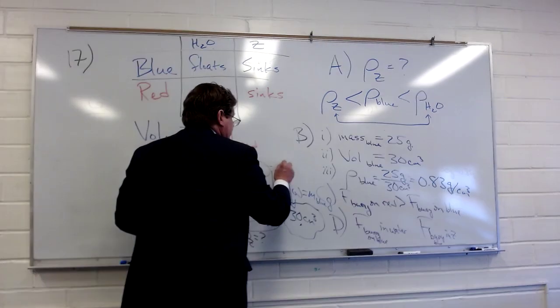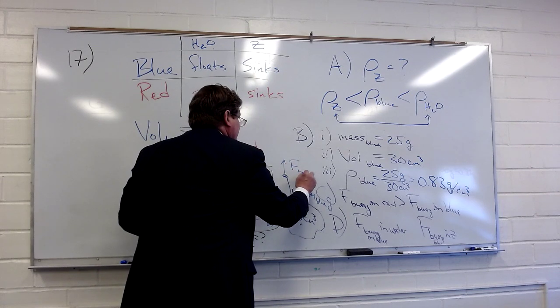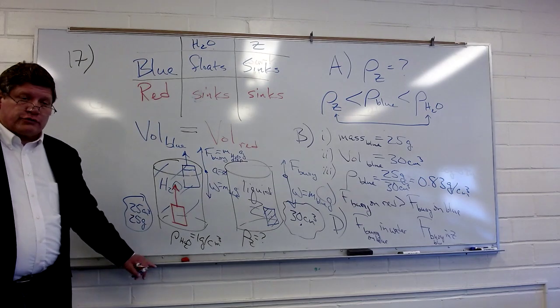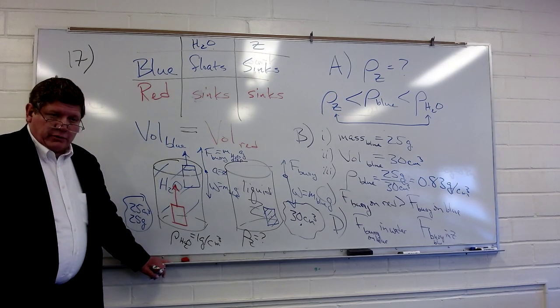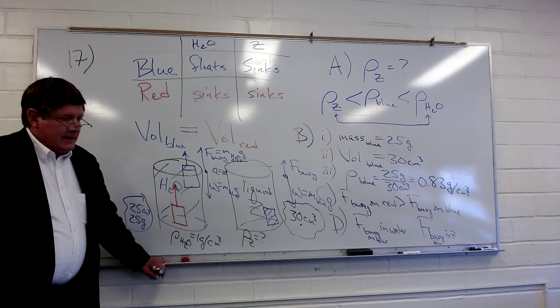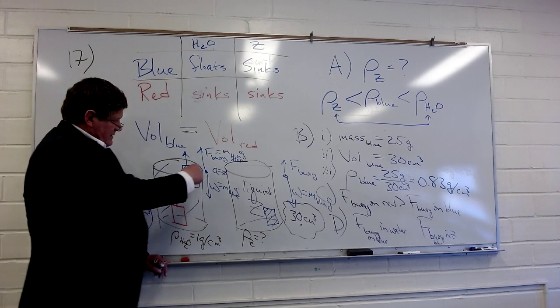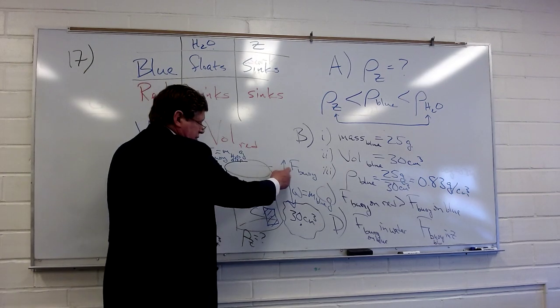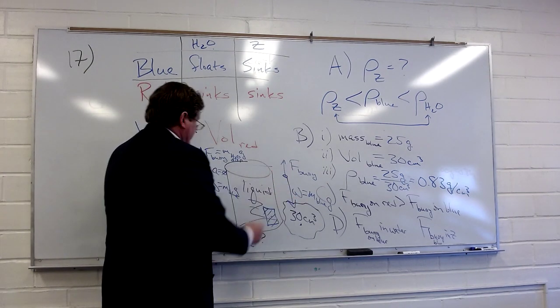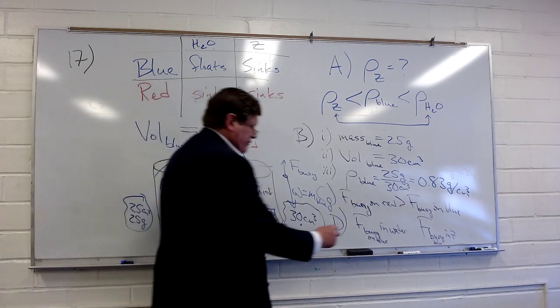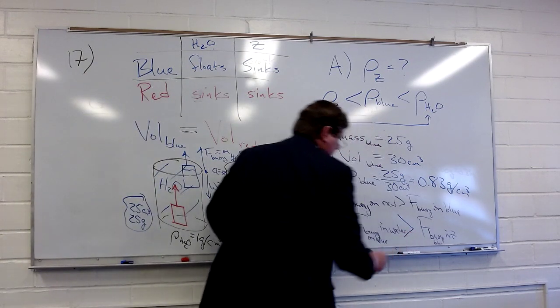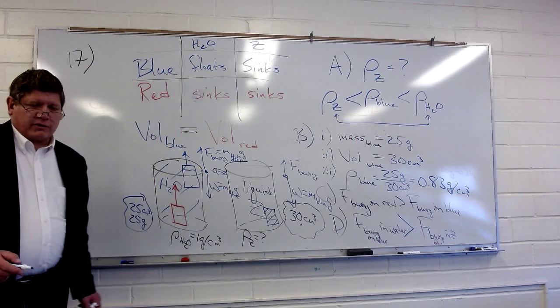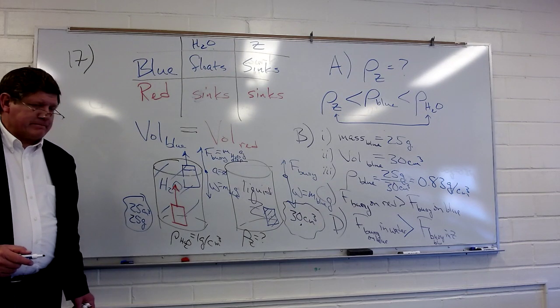But when it sinks, that buoyant force is too small to support the weight, and it accelerates to the bottom of the beaker. And so I know that in this case, the buoyant force is equal to the weight. In this case, the buoyant force is less than the weight. So that means the buoyant force in water is going to be greater than the buoyant force in liquid Z.